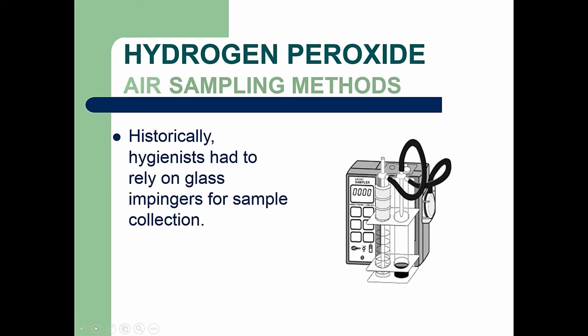Historically, hygienists evaluating hydrogen peroxide exposures had to rely on glass impingers for sample collection. Boo hiss. Nobody likes impingers. One of my honest-to-God favorite sampling stories that I've always loved to tell is from a Texas hygienist who told me he simply refused to use impingers.